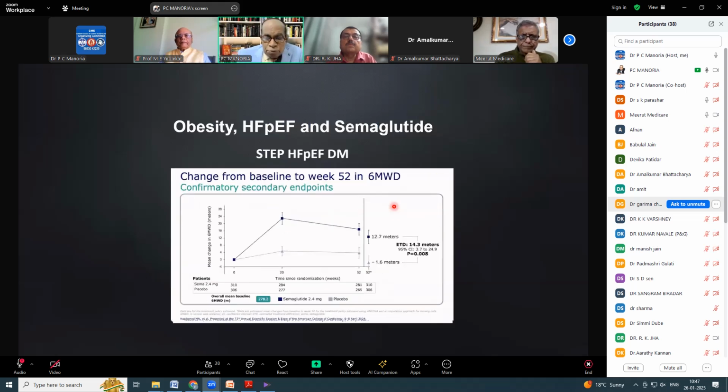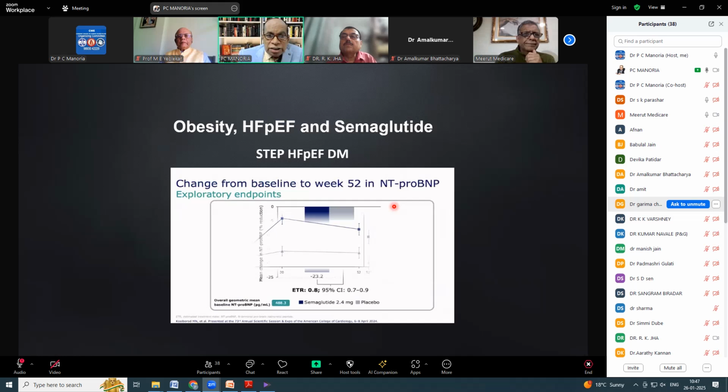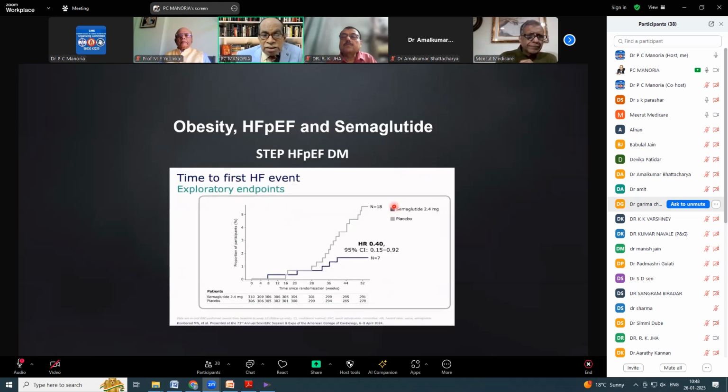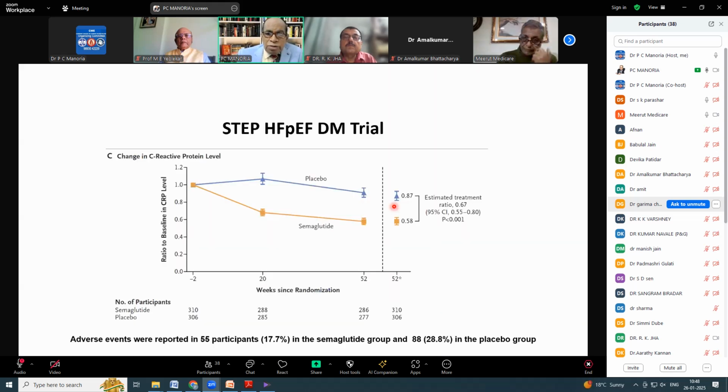Then there was an improvement in the 6-minute walk test. This trial also shows reduction in NT-proBNP, and time to first HF event was also showing improvement. And of course, C-reactive protein. But both these trials did not consider cardiovascular endpoints.